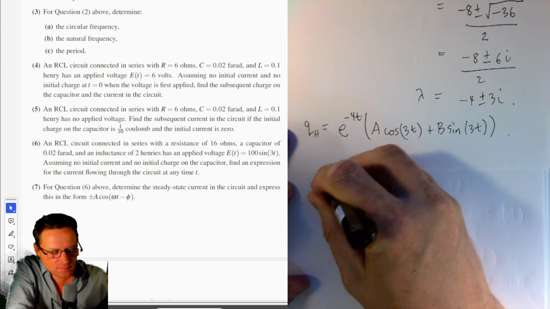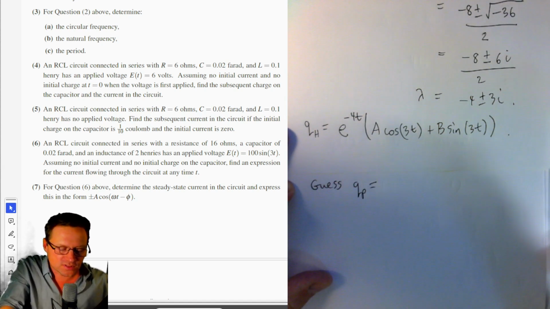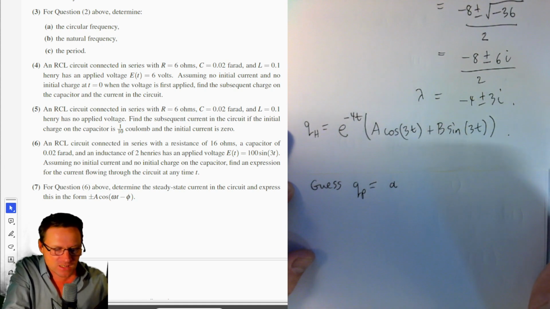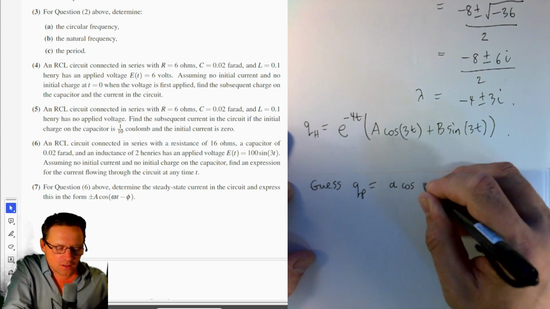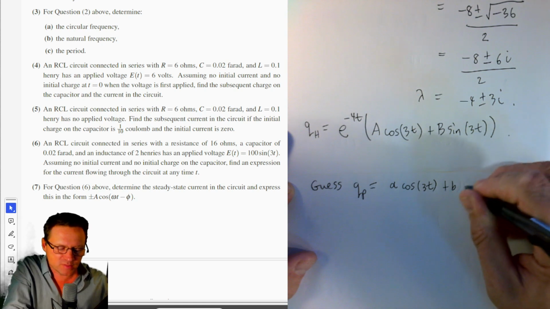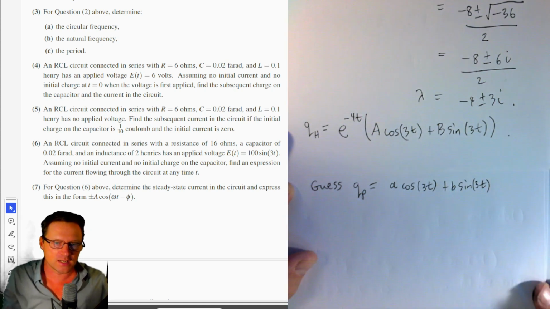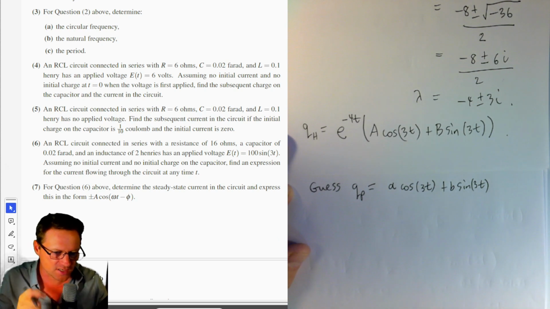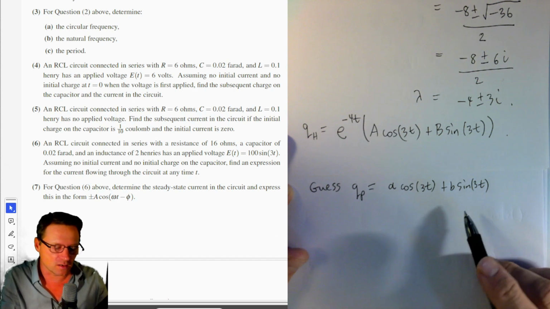So guess QP for particular equals lowercase a cos of 3t plus lowercase b sine of 3t. And we want to differentiate this 2 times and sub into our differential equation so we can find out what the lowercase a and the lowercase b are.